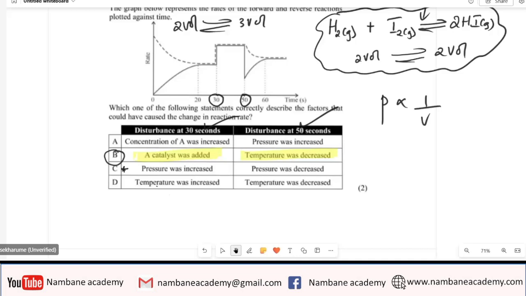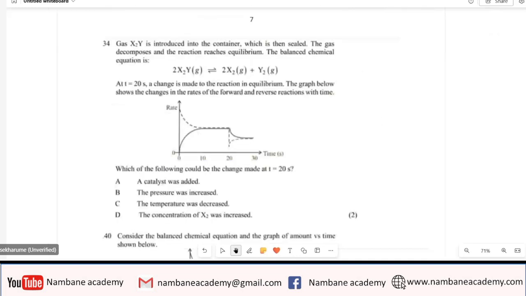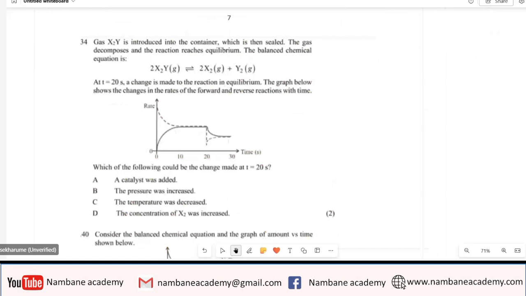Then the next one. I'm having the gas X2Y introduced in the container, which is then sealed. The gas decomposes and the reaction reaches equilibrium. The balanced chemical equation is shown below. When time is equal to 20 seconds, there was a change in the equilibrium.